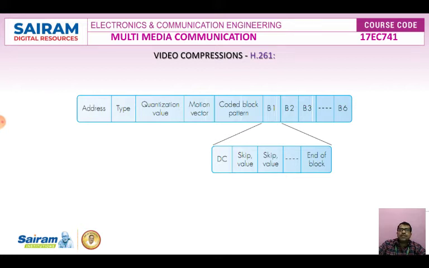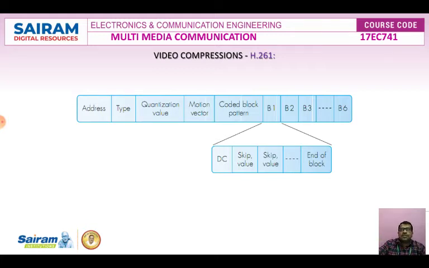The quantization value is the threshold value that has been used to quantize the DCT. The motion vector is the encoded vector, if present. The coded block pattern indicates which of the 6 8 x 8 pixel blocks that make up the macro block are present. This is the format of the macro block. Now the picture start code indicates the start of each new encoded video frame.